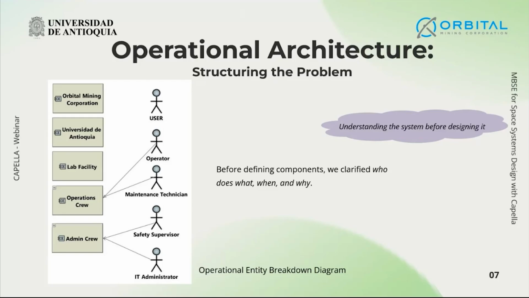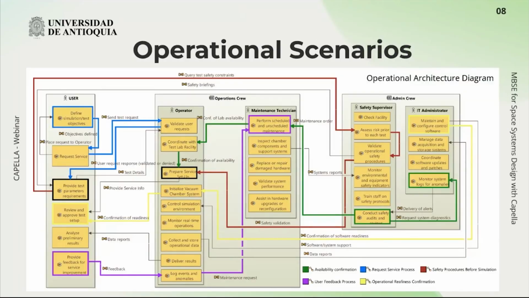At this stage, we do not have technical solutions defined. We only have operational needs and interactions. For the operational scenarios and the functional chains, these were used to describe how all the activities unfold over time.